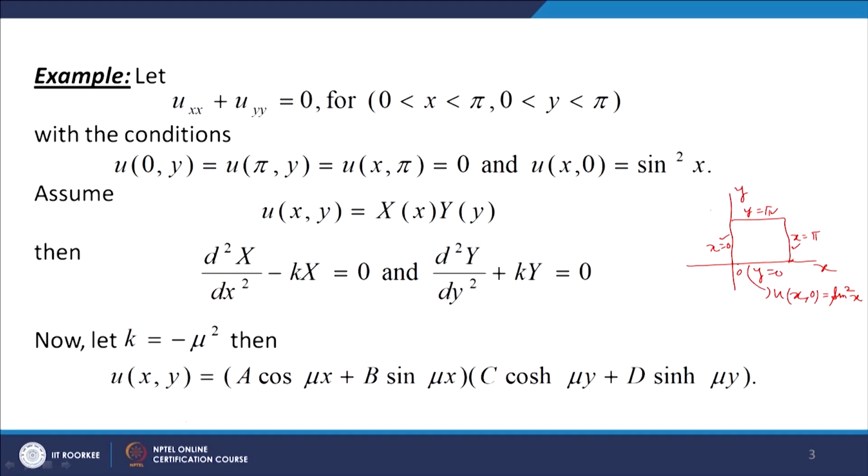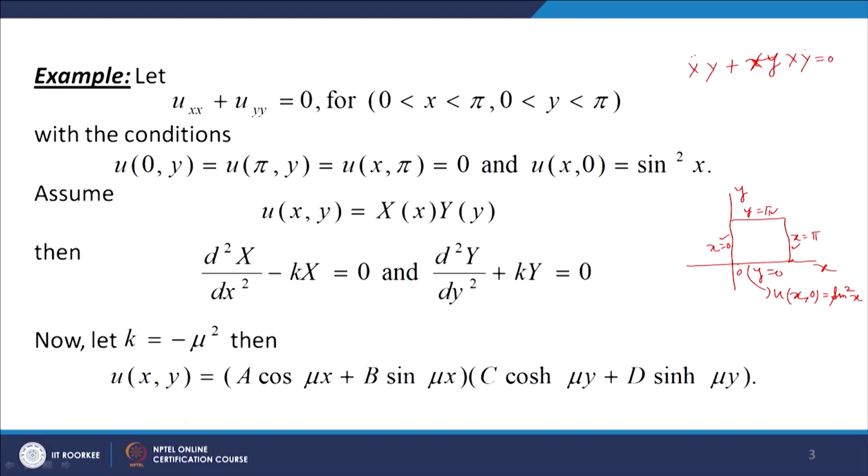Okay. So what we will do, we will solve this partial differential equation by using the method of separation of variables. So let us put u(x,y) equal to X(x) into Y(y) in the given second order differential equation. Then we have X double dot into Y plus X into Y double dot equal to 0.